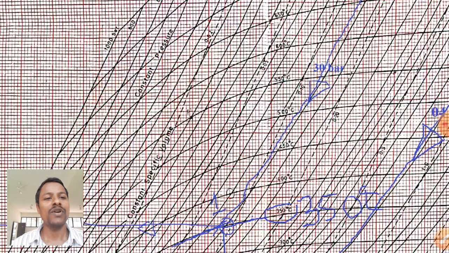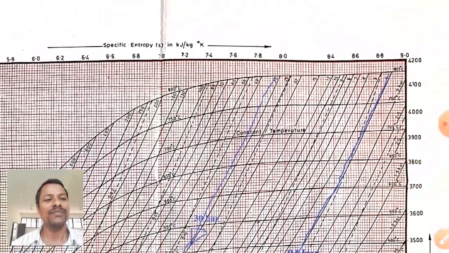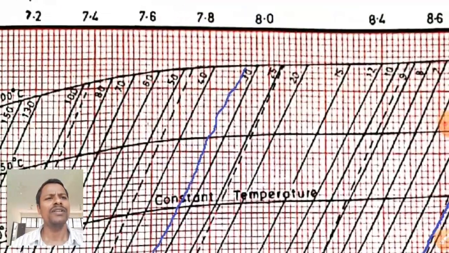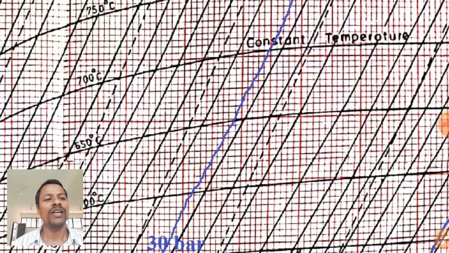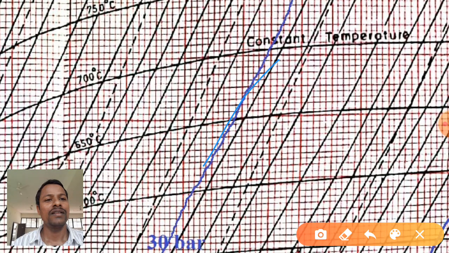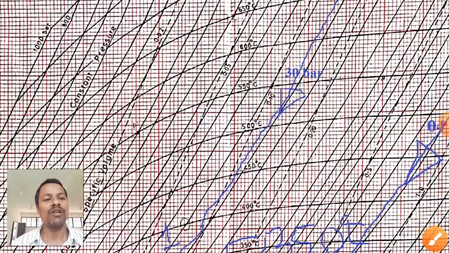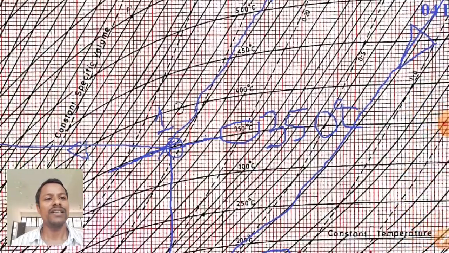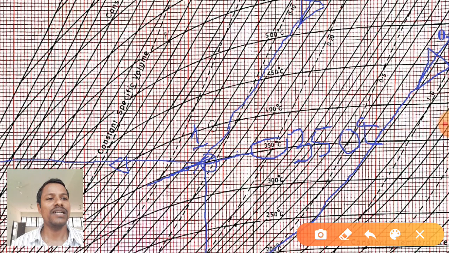The first point is the intersection of the boiler pressure 30 bar. Here I have the 30 bar pressure line, and I am moving along this downward till it intersects with the 350 degree Celsius constant temperature line. On the Mollier chart I have various constant temperature lines.